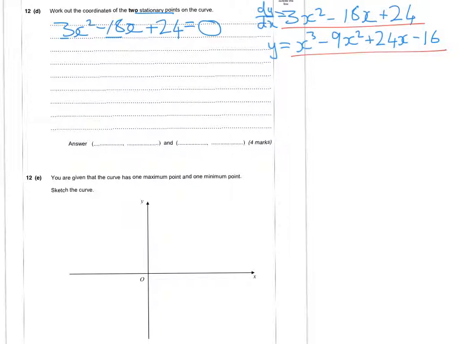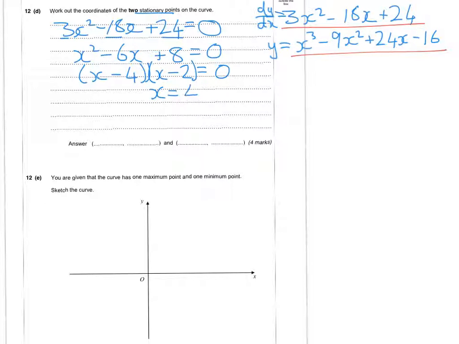Common factor of 3 there, so I'm going to divide everything through by 3. X squared minus 6x plus 8 is equal to 0. Gives me x minus 4, x minus 2 is equal to 0. X equals 4 or 2.